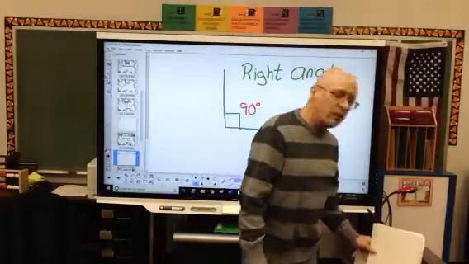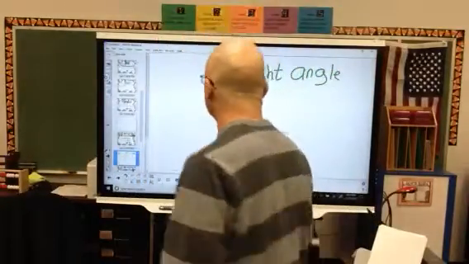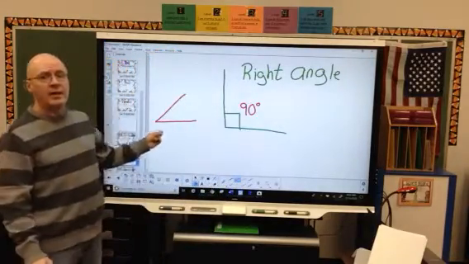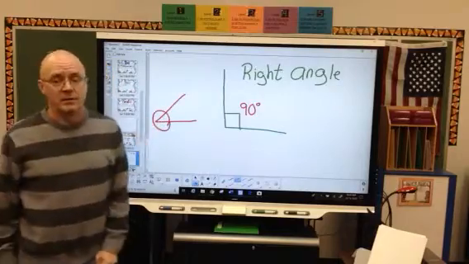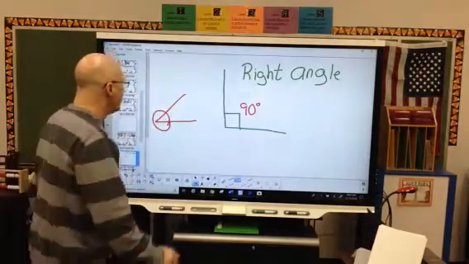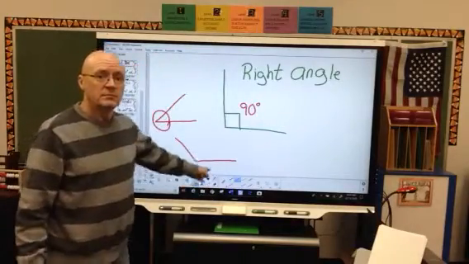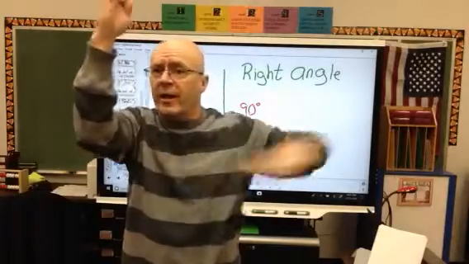Let's talk about some angles that are not right angles, and maybe that'll help you see it, okay? This is not a right angle. This does not look like the corner of a square, right? It's going to look like the corner of a square, straight up and straight across.